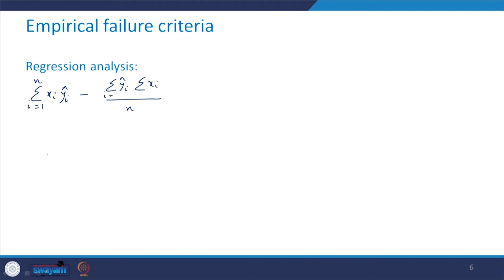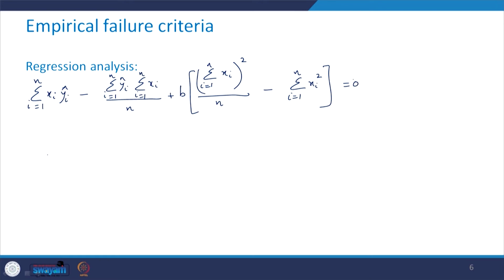So, this is again i equal to 1 to n, here also i equal to 1 to n, plus you have b and the bracket summation i equal to 1 to n xi whole square divided by n minus summation i equal to 1 to n xi square equal to 0.